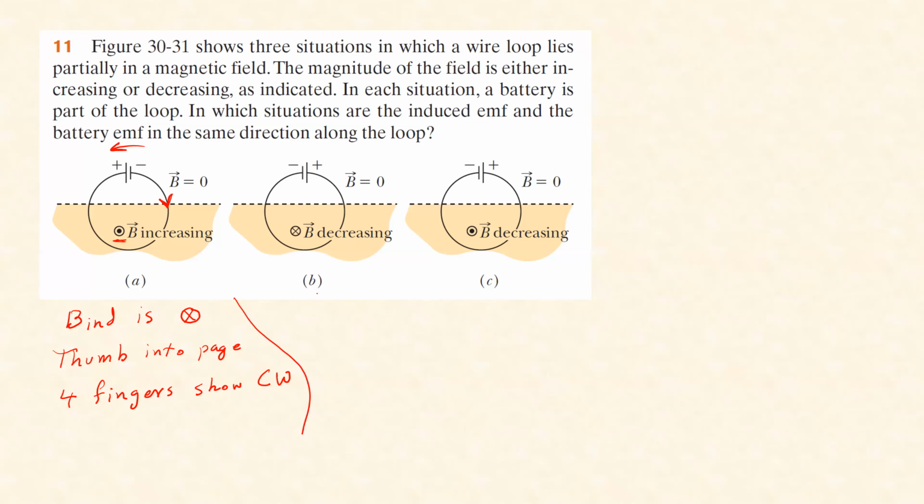For B, now B field is into the page and it is decreasing, right? B induced is which way? Because this is decreasing, the induced field wants to support it, so it is also into the page. So thumb into the page, it would also be clockwise, right?